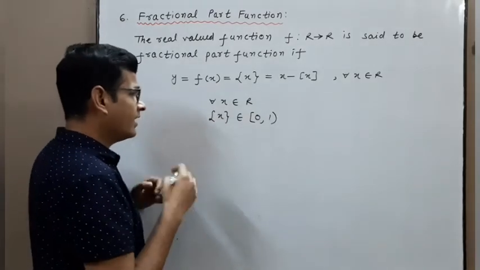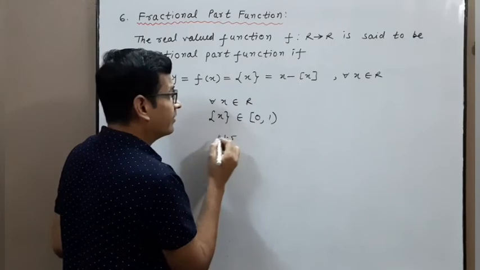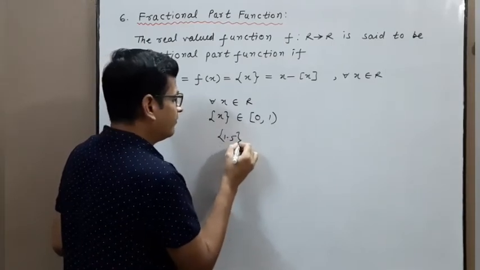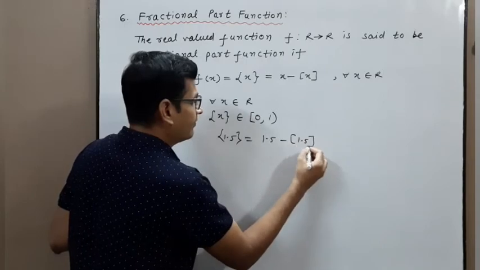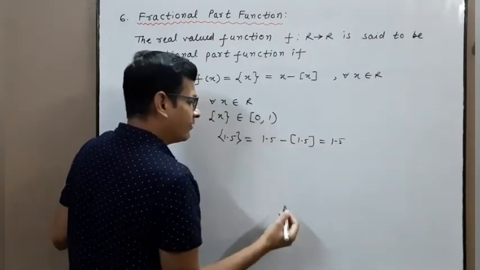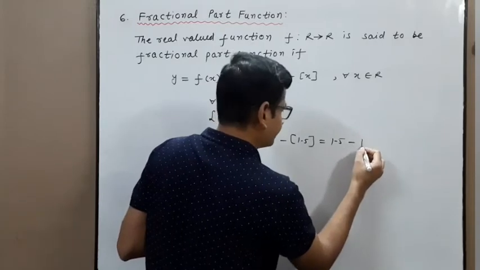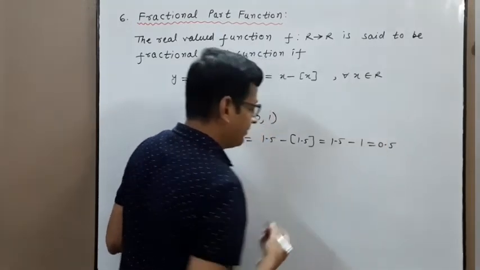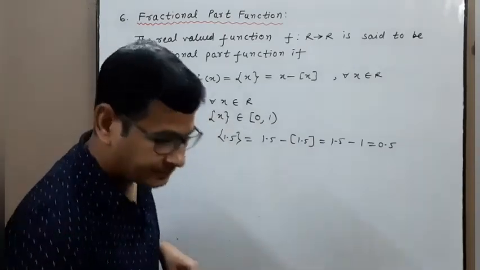You can put any value. For example, x equal to 1.5: curly bracket 1.5 equal to 1.5 minus 1, equal to 0.5. So many values you can take.